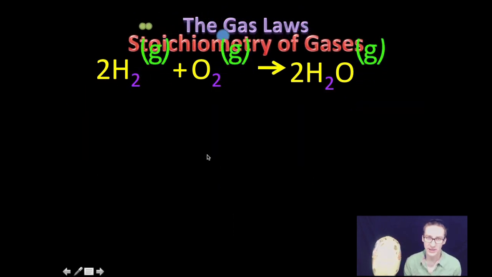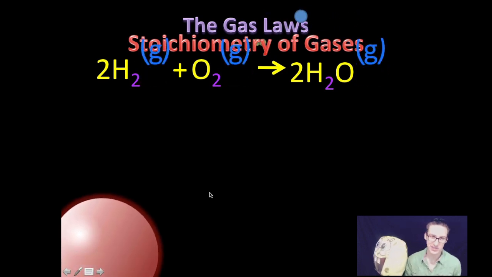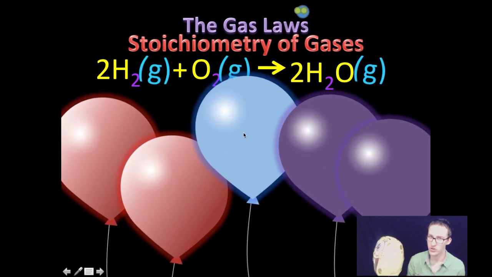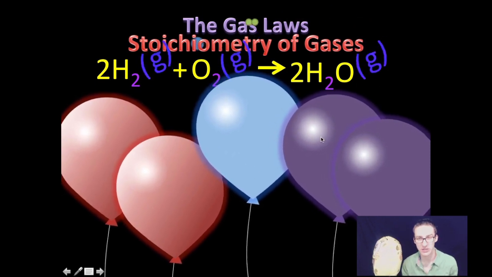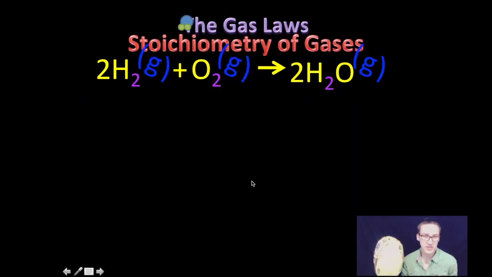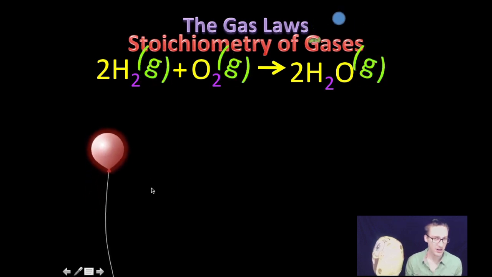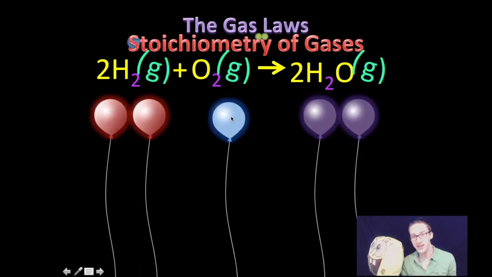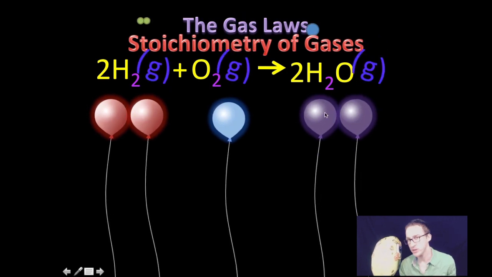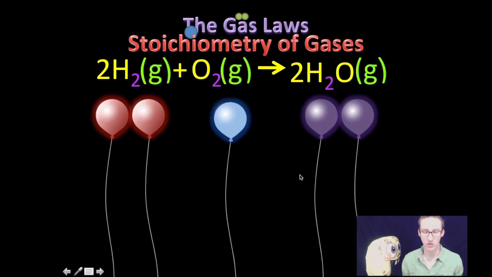So if you had 2 larger equal volumes of hydrogen gas and 1 equal volume of oxygen gas, you would make 2 larger equal volumes of water vapor. Or similarly, if you had 2 smaller equivalent volumes of hydrogen gas, 1 equivalent smaller volume of oxygen gas, you would make 2 equivalent smaller volumes of water vapor. Boom! Gay-Lussac's law of combining volumes of gases.